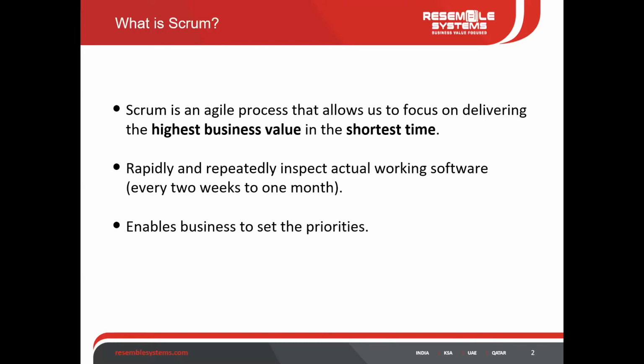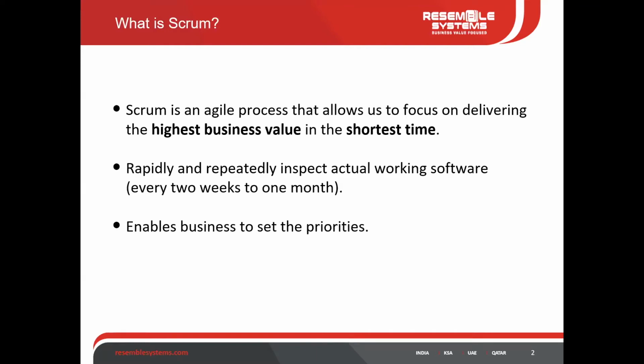Before going into detail, let me try to explain what Scrum is. Scrum is an agile process by which we try to deliver business value within a short span of time. Your business team or business requirement will have an objective, and I try to deliver that in a small part of time.